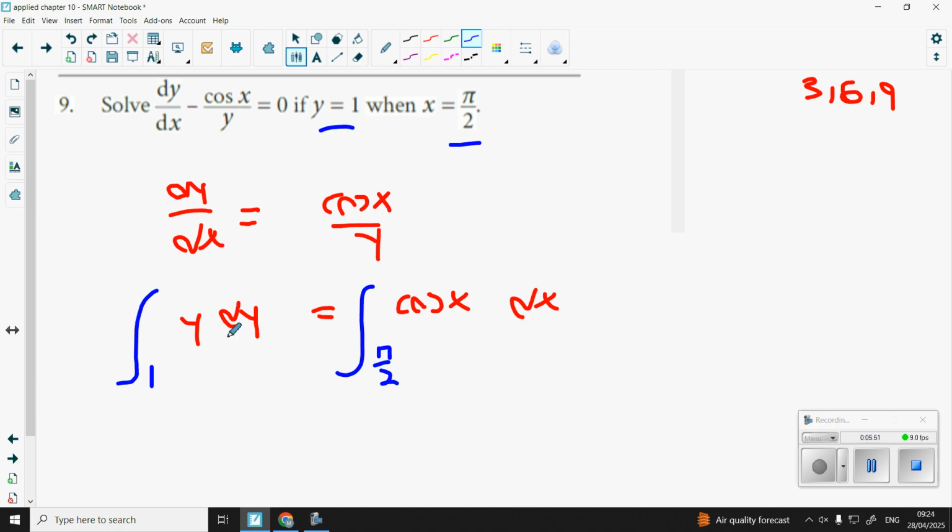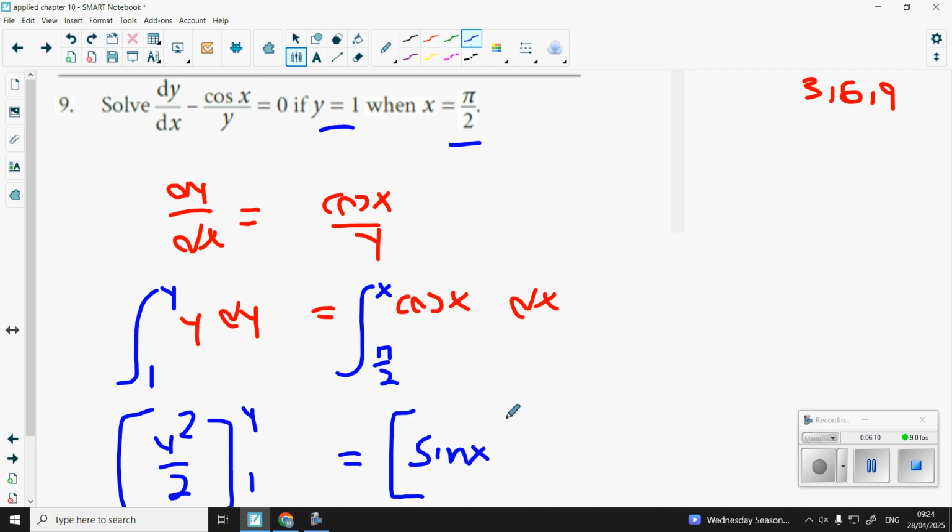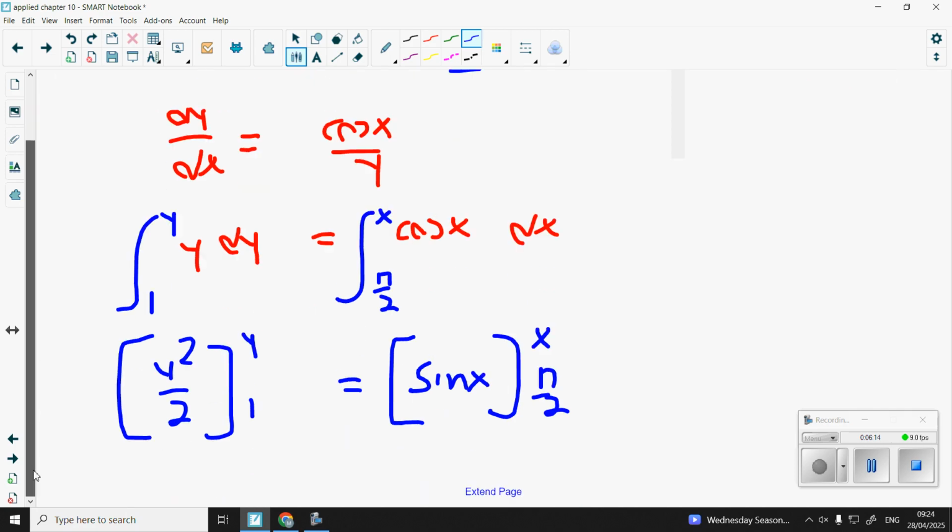They're both positive, aren't they, at the same time. And then that'll be y and x. Integrate. We get y squared over 2 from y and 1. And then what happens when you integrate cos x? Just sin x, is it? Okay. And it's x to pi over 2.